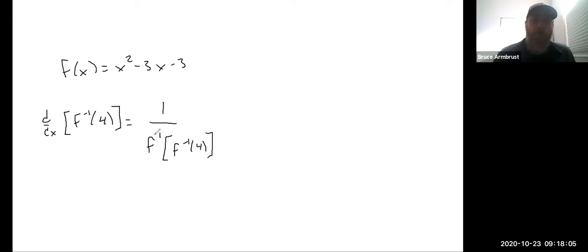So what we need to do is take a derivative of f. That's easy enough, it's just the power rule. We get 2x minus 3. Now the question is, what do we plug in? Well, we don't plug in 4. 4 is what goes into the inverse, which means it's what comes out of the original function.